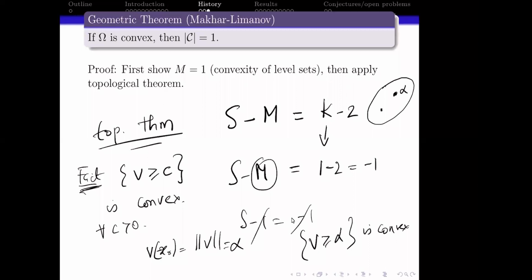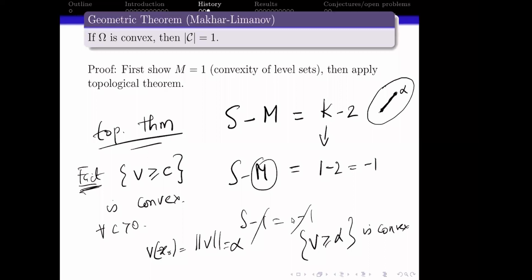Suppose there are 2 points where the value is alpha. If there are 2 points, and by this fact that convexity is there, then the line segment joining them should also be in the level set. So V bigger than or equal to alpha is convex. But if 2 points are there, the whole line between them is there. But remember, what kind of solutions are V? V are real analytic. These are level sets of a real analytic function.